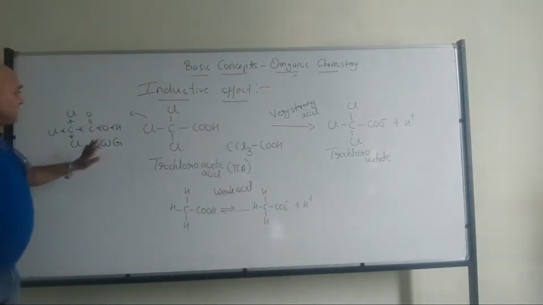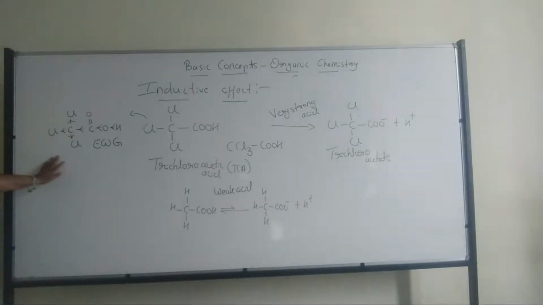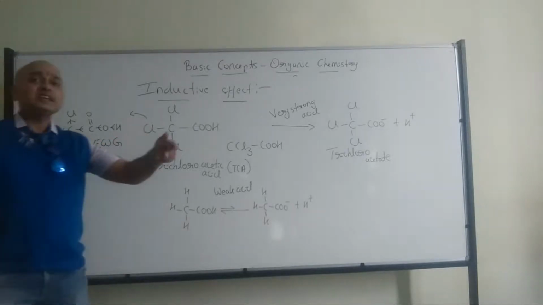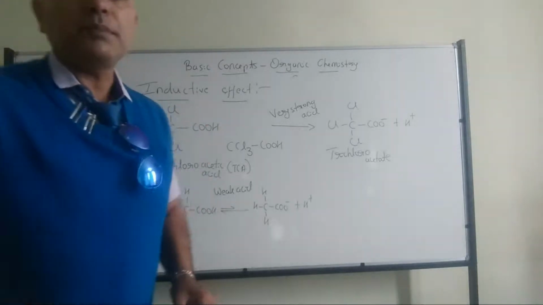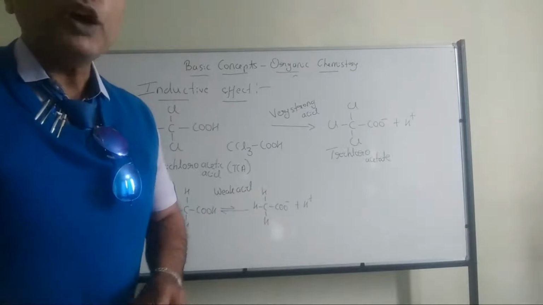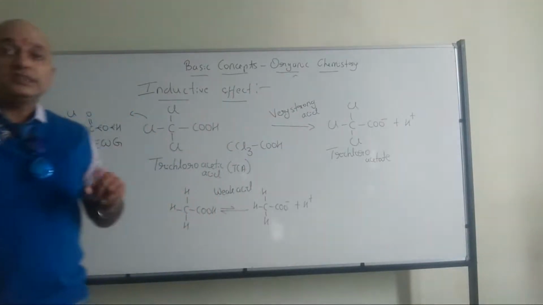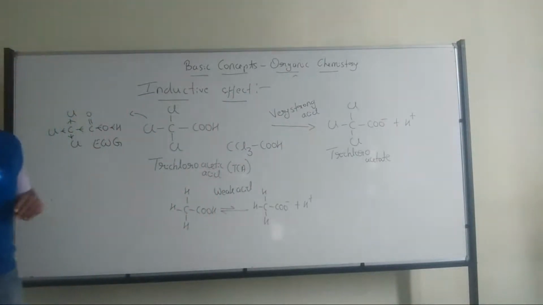So this is nothing but the inductive effect, where electrons are pulled by the electron withdrawing groups. Due to that, this pulling effect is transferred from one sigma bond to another sigma bond. So there is the involvement of sigma bonds, not like resonance where pi electrons are involved.